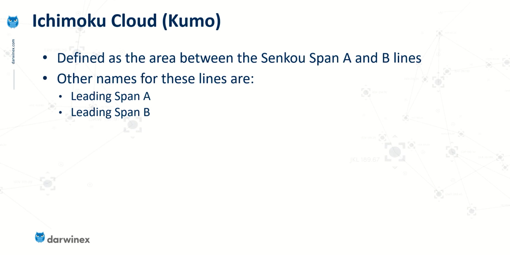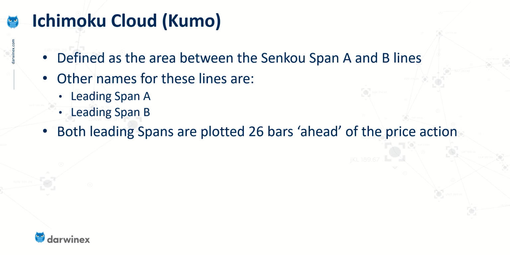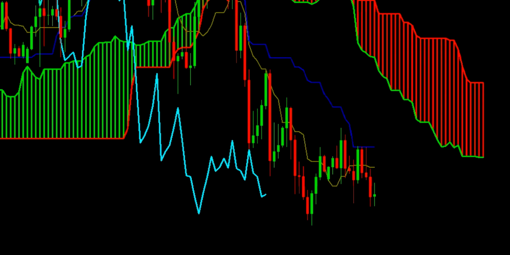Now, just like the other components of Ichimoku have alternative names, the same is the case for the Senkou Span A and B lines, and often these are termed the leading Span A and the leading Span B. And the reason that they're termed leading is because they're actually plotted 26 bars ahead of the price action. Now, if you saw the previous episode where I looked at the Chikou Span, you'll remember this is exactly the opposite of that.